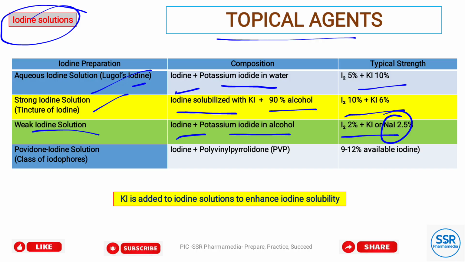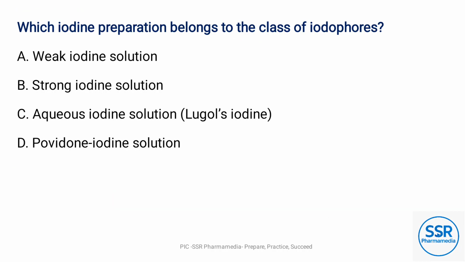Povidone iodine solution is a class of iodophores. So iodine combined with polyvinyl pyrrolidone. Here the strength of the iodine is 9 to 12% of iodine added to the solution to enhance iodine solubility.